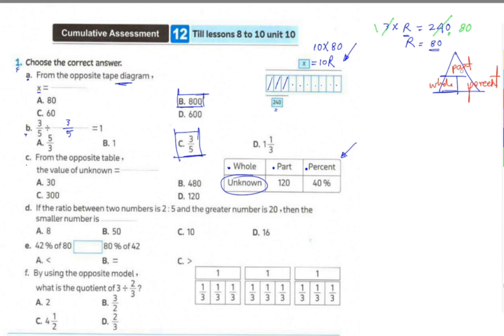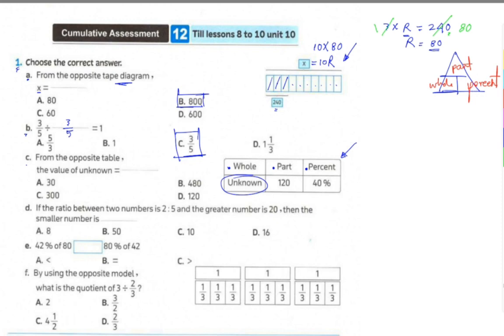To find the part, multiply whole by percent. To find percent, divide part over whole. To find whole, divide part over percent.